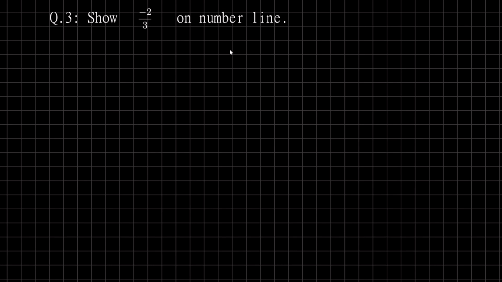Next question is, show negative 2 over 3 on the number line. Pay close attention. Here we have a negative sign. So the rules remain exactly the same, but instead of moving right from 0, we move left from 0. Let's draw our number line. Since it is a proper fraction with a minus sign, it is smaller than 0 and bigger than negative 1.